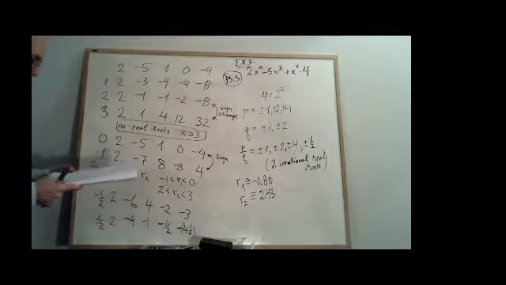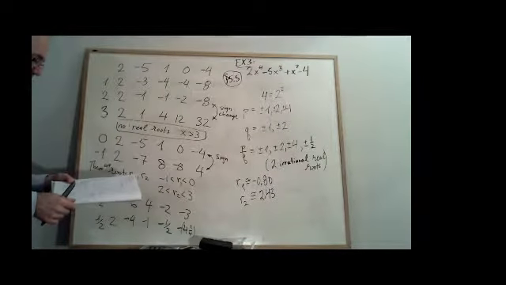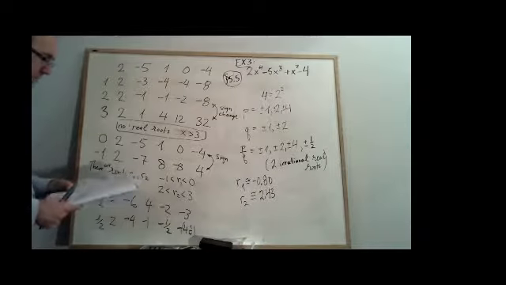So let's do another example. Example 4. Use the rational zero theorem to find all the zeros of the following polynomial.